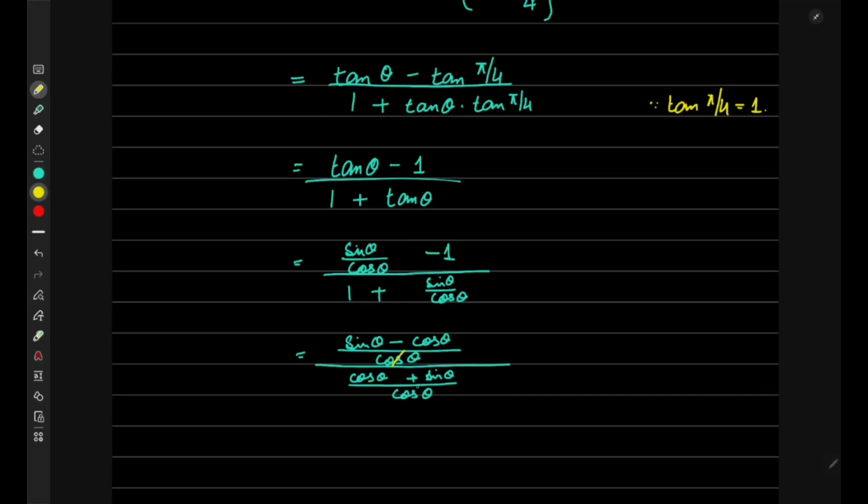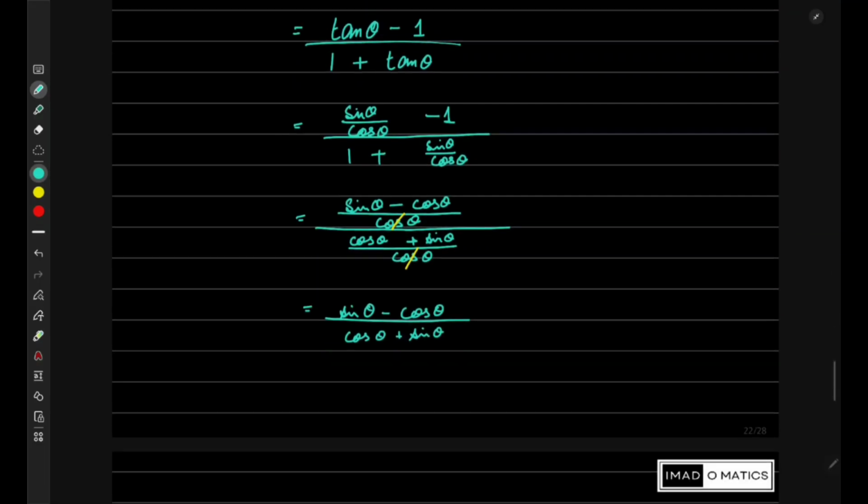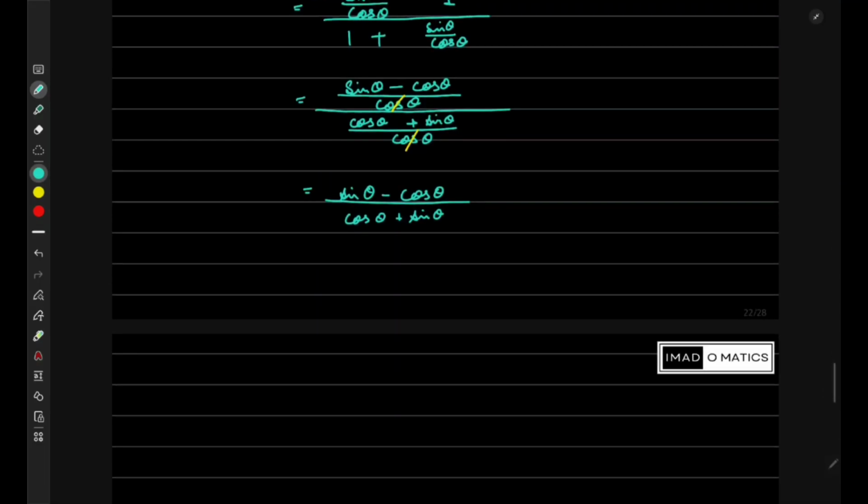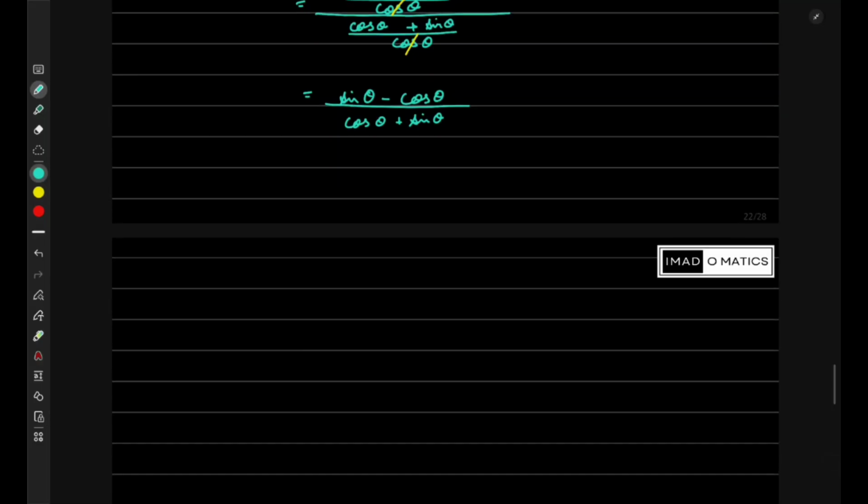Here this cos cancels this one, so we have (sin theta minus cos theta) over (cos theta plus sin theta). Now multiply and divide by cos theta minus sin theta.